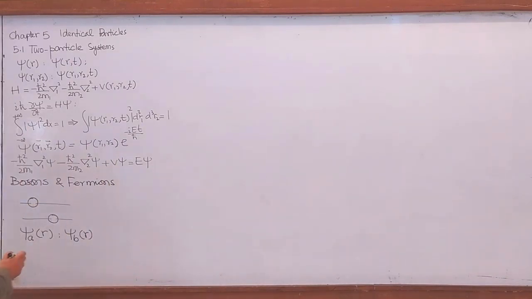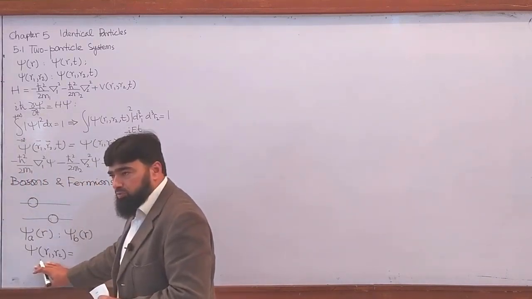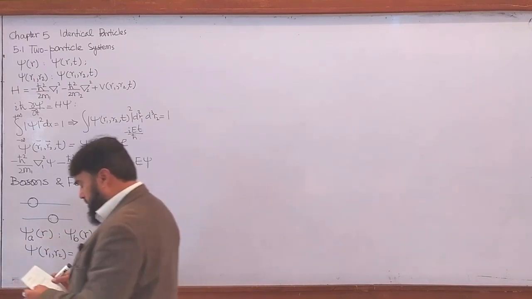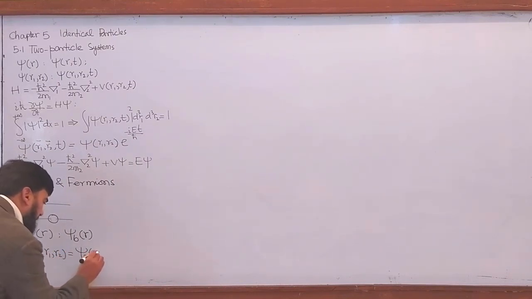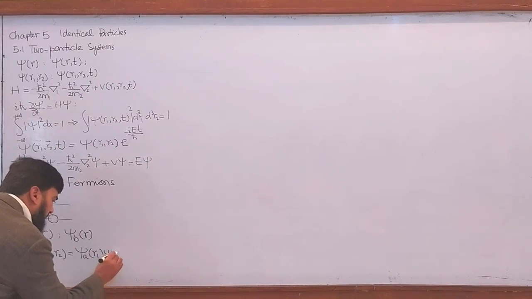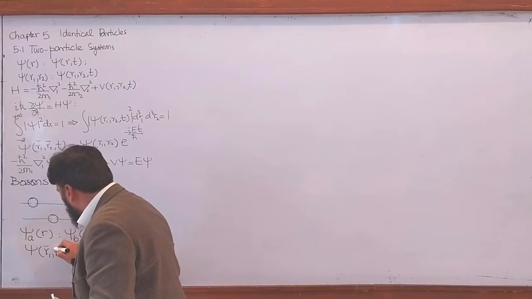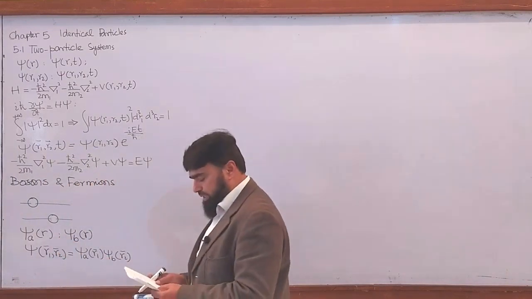So their combined state you can write as psi(r1, r2). In the generalized form, this wave function will be the product of the two, equal to psi_A(r1) psi_B(r2). Clear? r1, r2.